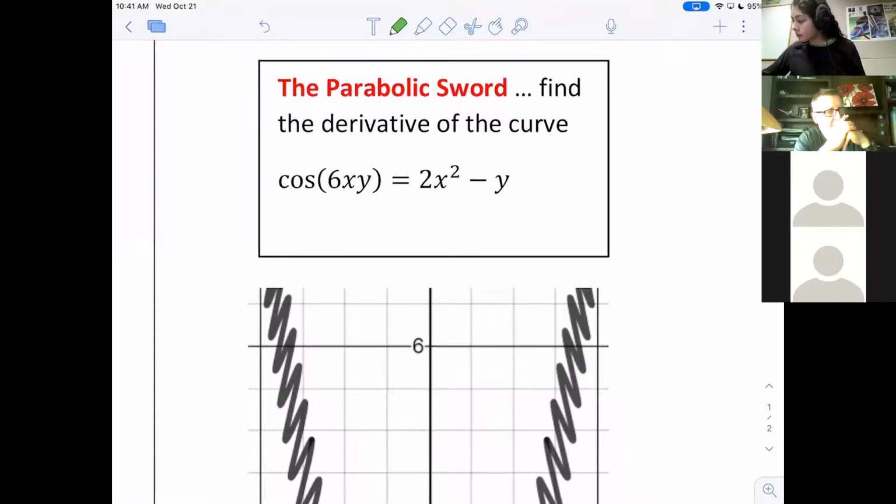I got a negative sine 6xy times 6y plus 6xy prime equals 4x minus y prime, and I'm trying to isolate the y prime on the left side. The algebra to isolate y prime is no joke on this question. So if you haven't gotten where Vale's at yet, take a stab at it. Even if you get it wrong, let's talk about it. This is an algebraically fairly challenging question.